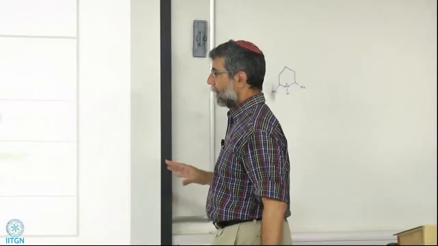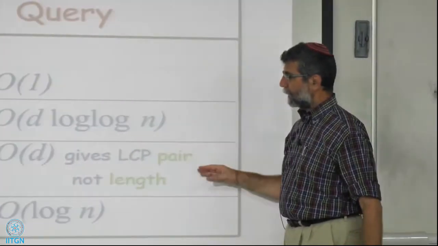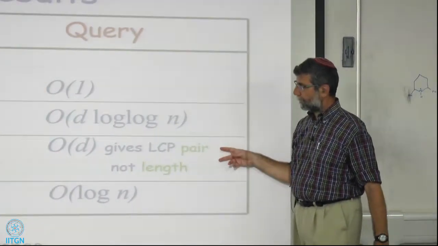It doesn't really give you the LCP itself. So if you really want that, you take the pair and do one LCP query, which is another O of 1.